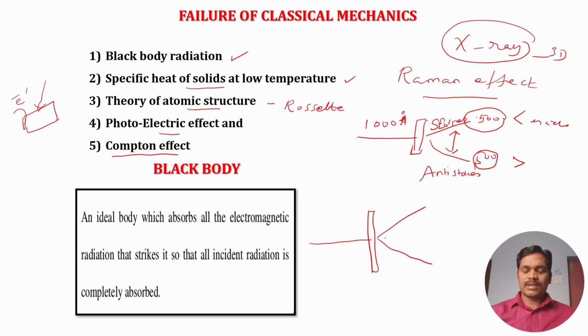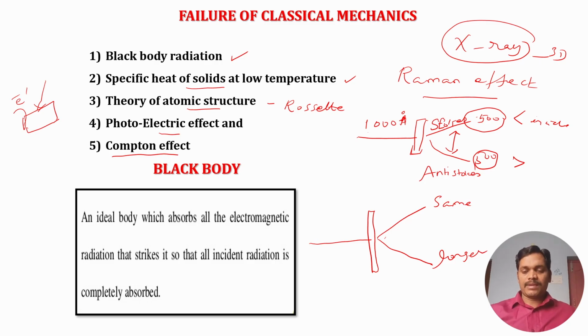Some components have wavelength same as incident. Some components have wavelength slightly longer than the incident. If it is slightly longer, then we say that is the Compton effect. So now you can understand the correlation between the Raman effect and the Compton effect.